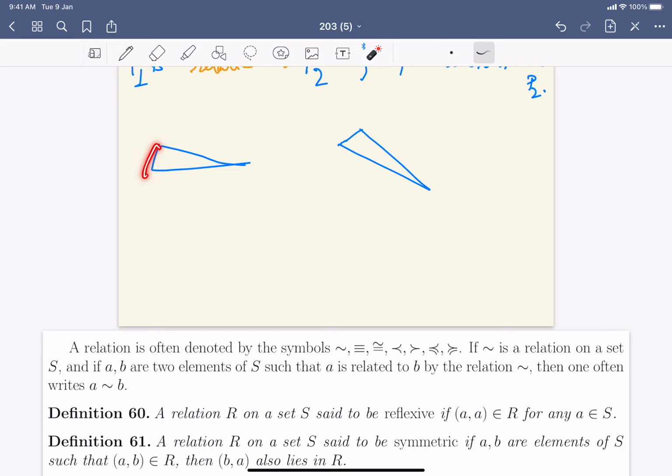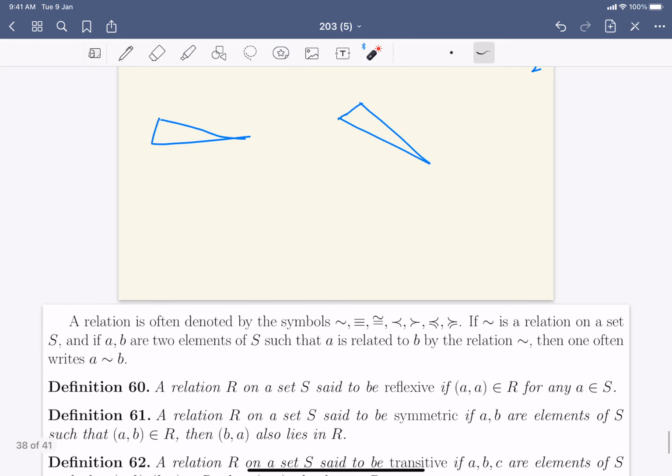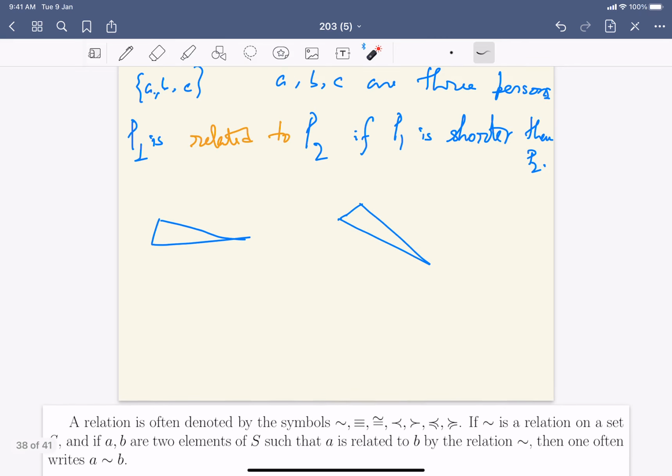I mean, the length of this side is equal to the length of this. So the length of these three sides is same as the length of these three sides. I mean, when you have enough faith in my drawing, you can assume that the length of these three sides is same as the length of these three sides, respectively. So then these triangles, I think they are said to be congruent. Okay, I don't remember. I mean, one can also scale them, and then probably one gets this notion of congruence or similarity. One of these two. Anyway, so this notion of relation is something that we have.